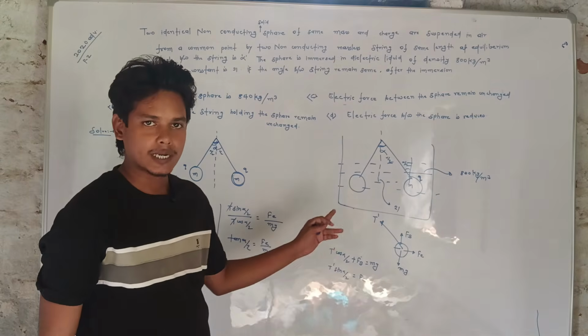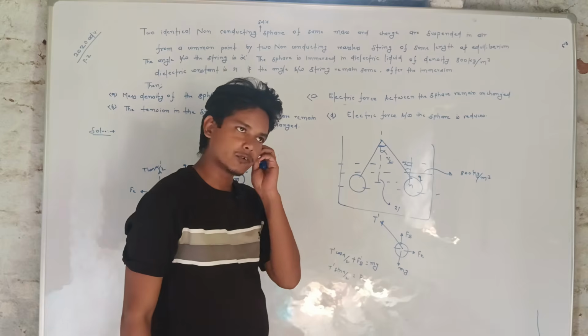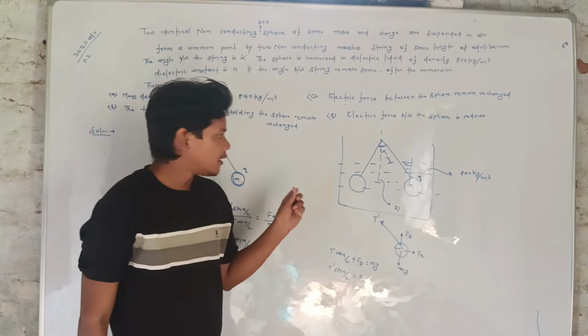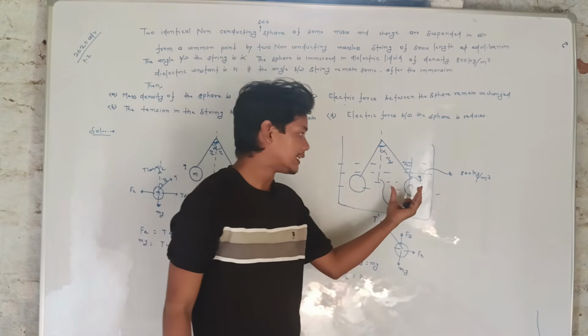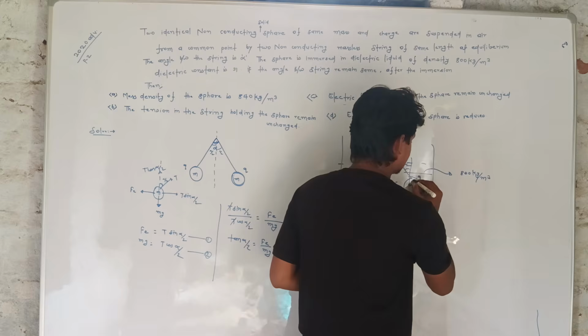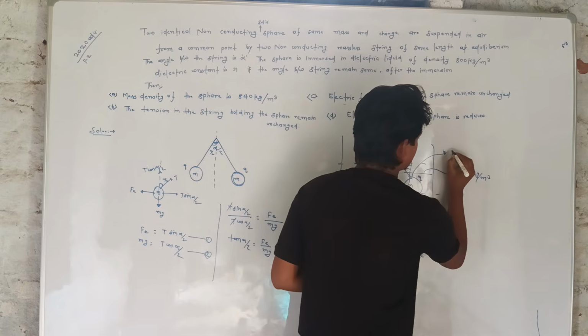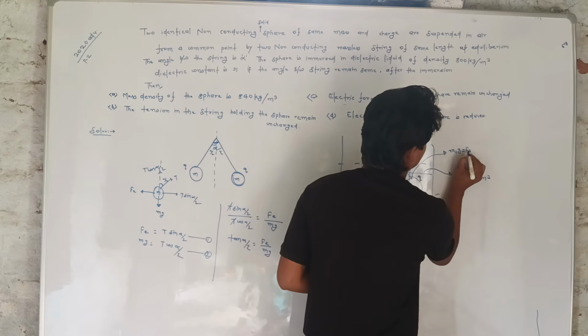Now here we calculate the buoyant force. As we know, the buoyant force is the weight of the liquid displaced by the body, that is the mass of the displaced liquid times gravity, ml into g, equal to the buoyant force.